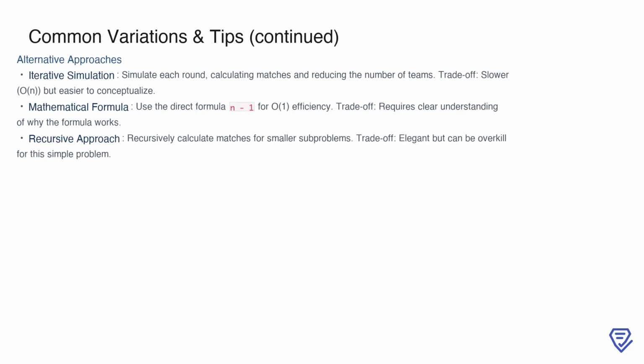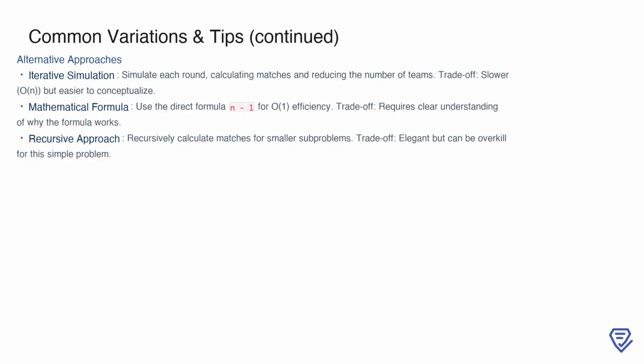There are several ways to approach solving this problem. One option is iterative simulation, where you calculate the number of matches in each round and reduce the number of teams accordingly. While this approach is easy to conceptualize, it is less efficient, with a time complexity of O(n). A faster alternative is to use the mathematical formula n-1, which provides O(1) efficiency.